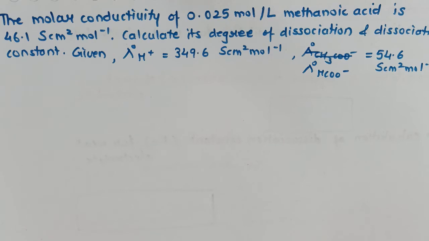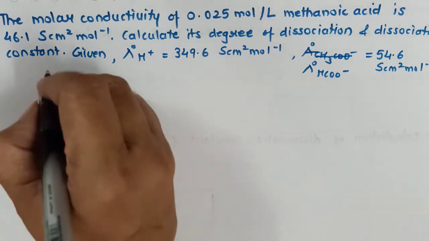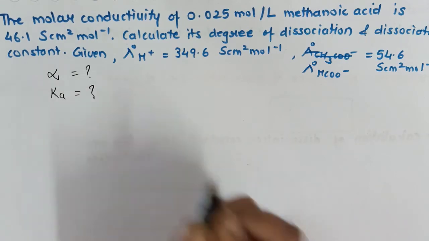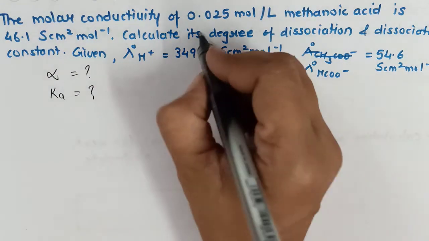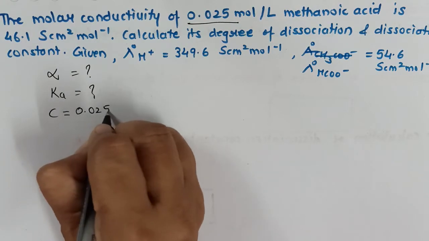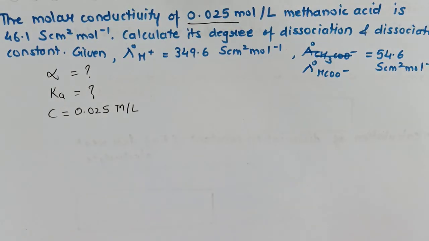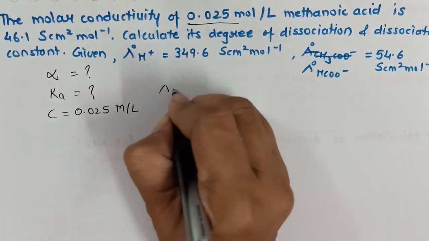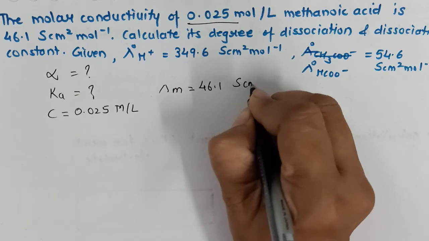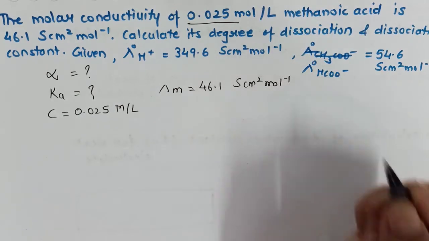One more numerical in which we are supposed to find out the degree of dissociation and dissociation constant of 0.025 molar methanoic acid solution, whose molar conductivity is 46.1 Siemens centimeter square mole inverse.